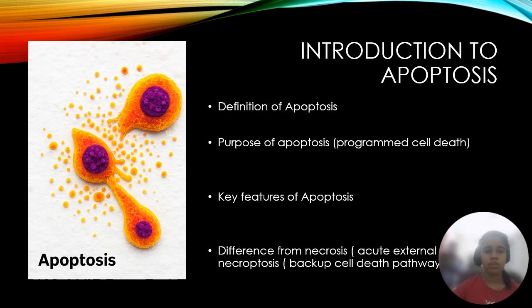Now next we should know the difference between necrosis and necroptosis, because these are two other cell deaths that happen in our cells. Necrosis occurs due to acute external injury, that is, due to any kind of toxins.